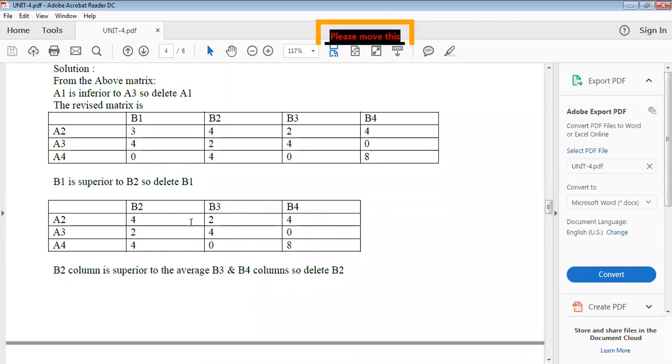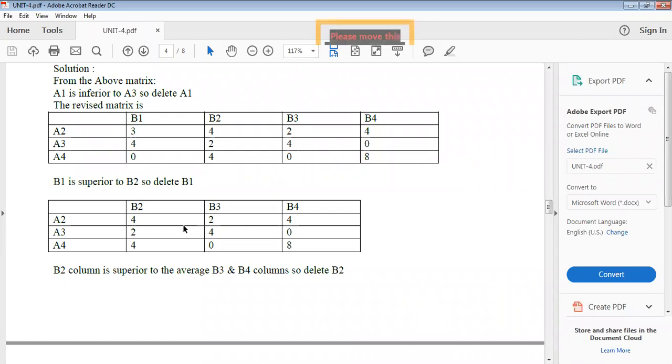And if you take up the 424 and 240 and 408, 408 is not superior to anything. 240 is not superior. 424 is not superior.